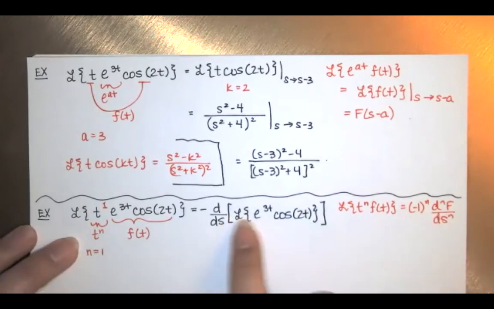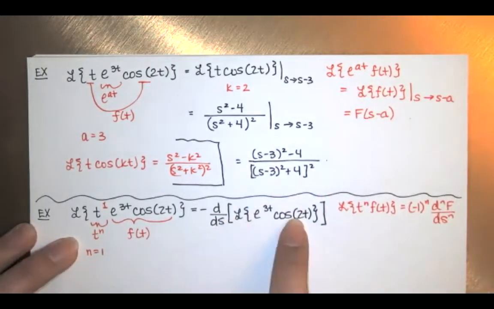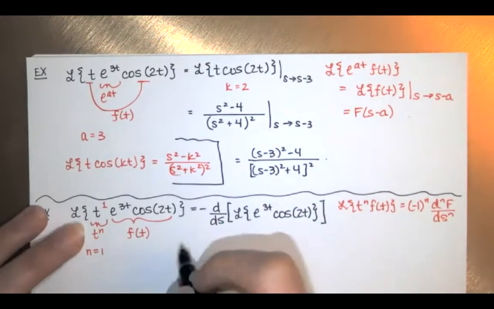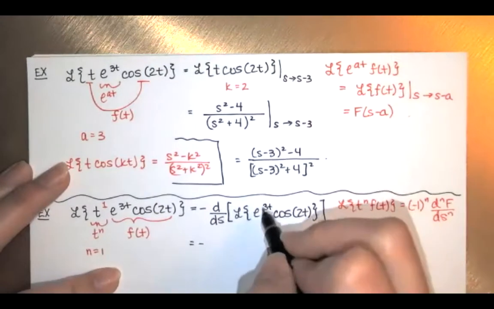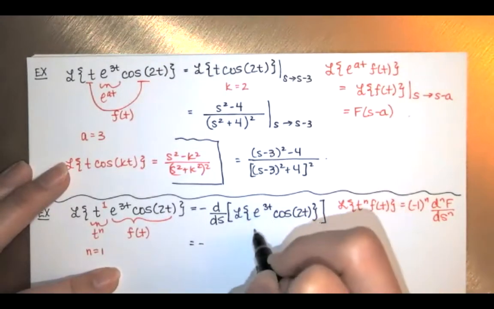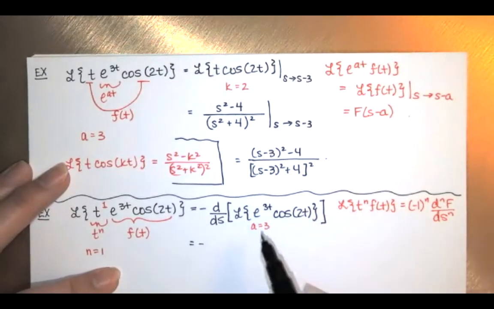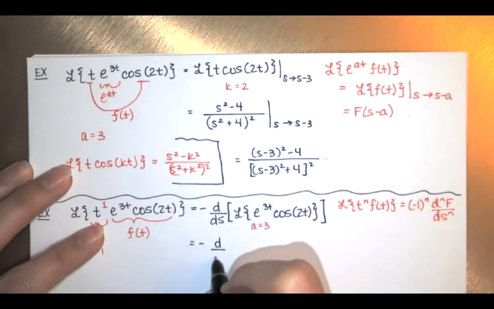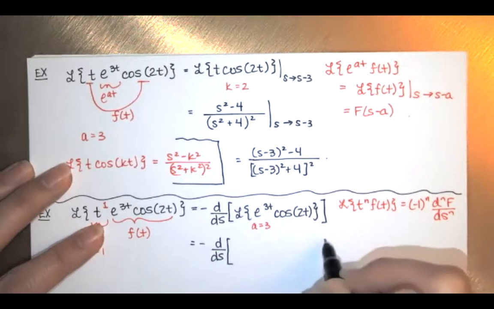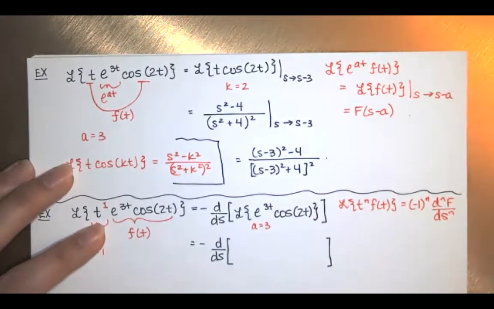And we could actually use our first translation theorem to compute this Laplace transform. Using the first translation theorem, we see that a is equal to 3. So we're going to get the Laplace transform, I'm ignoring this derivative with respect to s right now, I'm just focusing on what's inside the brackets.